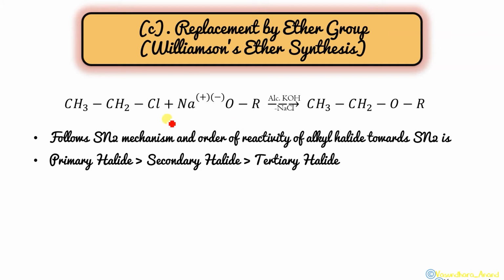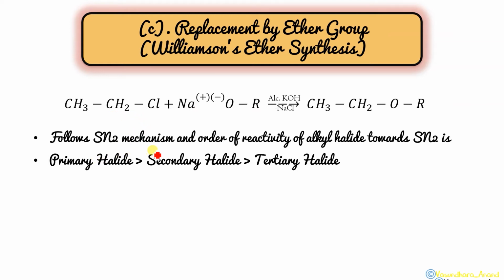If it is tertiary, reactivity for making ether will be very low, and instead of substitution it will give the elimination product, and hence alkene. Got it? This is simple when we are talking about primary and secondary.